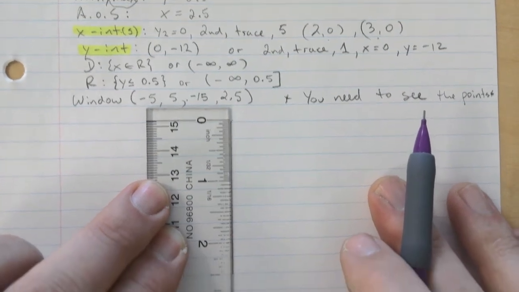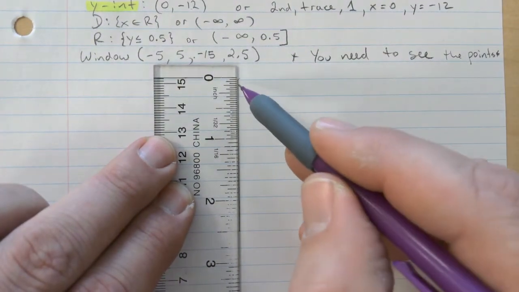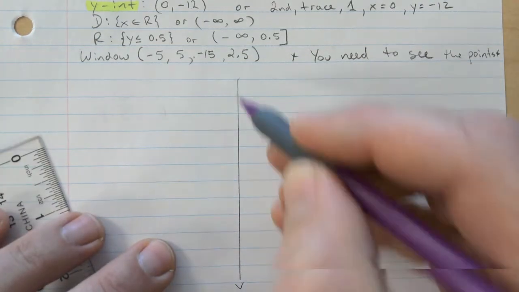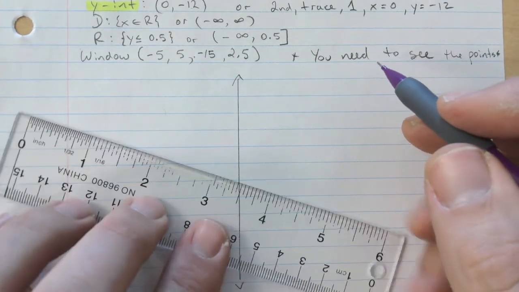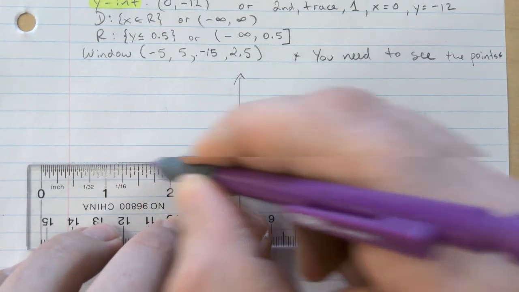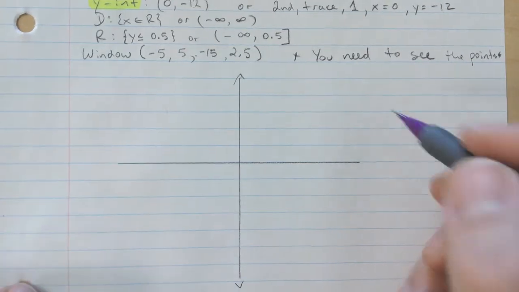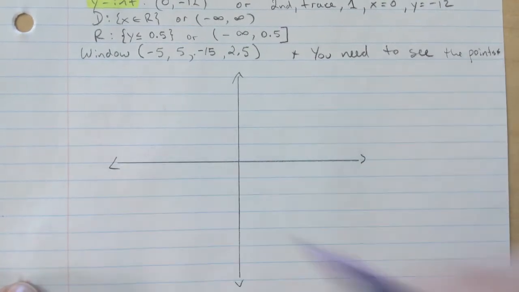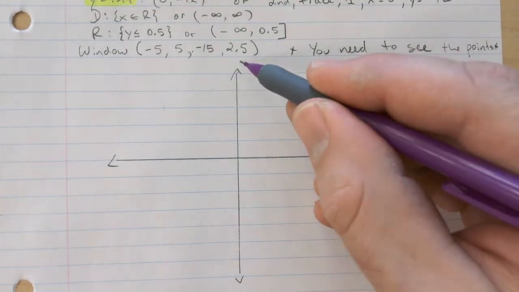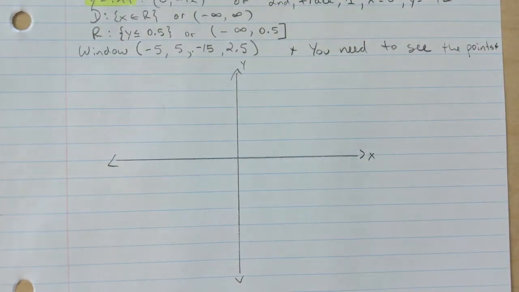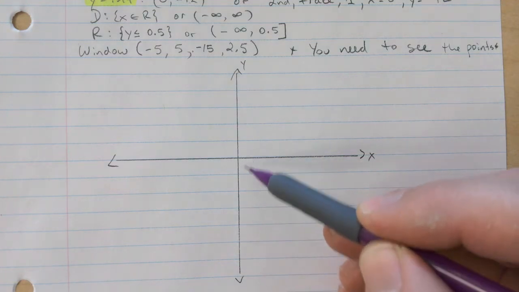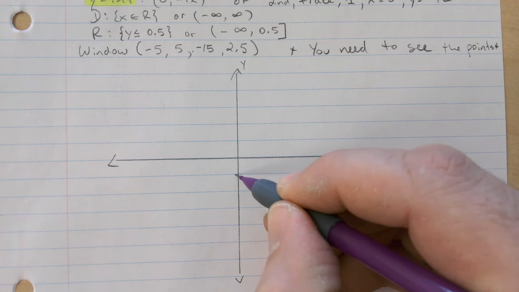So I'm going to make sure that my Y-axis is longer than the X-axis. And maybe even have a different scale. So make sure you don't go small on this, right? So I start with my axes. I label X and Y. If I go by ones, I'm not going to get 12 in here, right? So I'm going to go by twos.